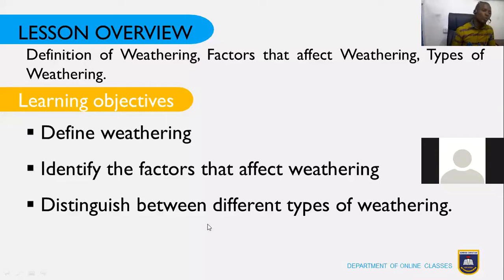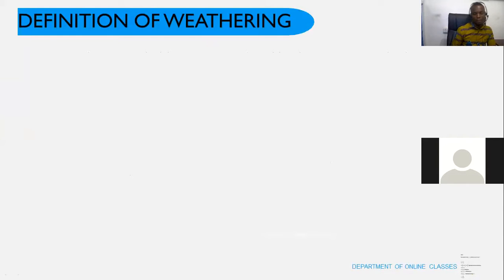Then again, you should also be able to identify the factors that affect weathering. Very, very important. Then finally, you should be able to distinguish between the different types of weathering. So let's proceed and look at the definition of weathering.